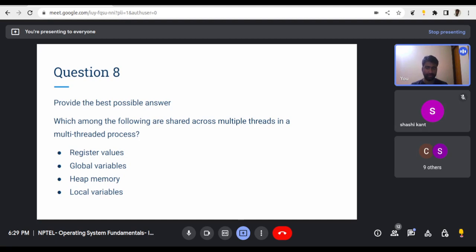So when multiple threads are created, what happens is the registers and the stack sections, multiple copies of those are created, but the code, data and the heap sections are shared across all the threads of a process, when you create multiple threads of a single process. The registers and the stack sections are independent.